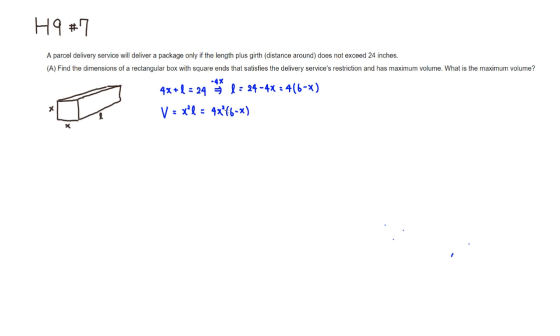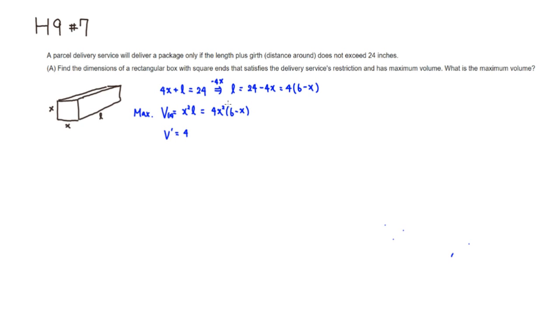Then what we want to do is maximize this function. This is a function of x, and we want to maximize this volume. So let's find a critical number by taking a derivative. So V prime is equal to, leave 4 alone.